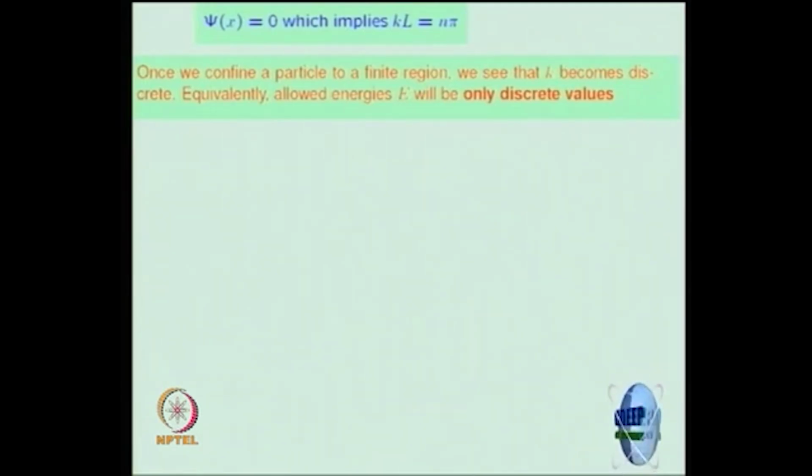This is the first feature which you see for a particle which almost looks like a free particle, but not actually. It is constrained, with the potential being 0 inside and infinity outside. If the constraint was not there, what would be the form? k can take any value from minus infinity to plus infinity in a continuous fashion.